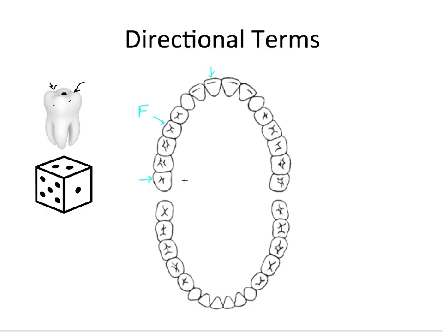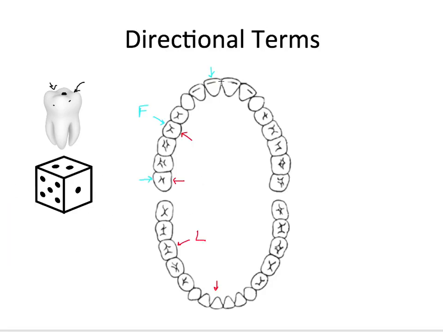And now if we talk about the back side, the side that is closest to the tongue, so this surface here, and the same for the lower, this surface here. These are all called the lingual surfaces. So L for lingual, which makes sense because lingua means tongue.